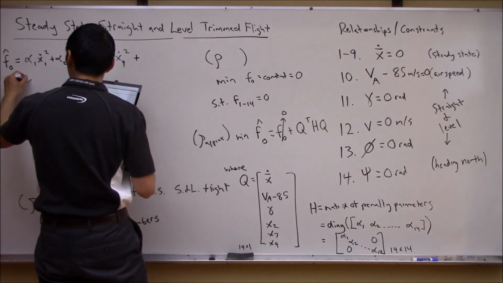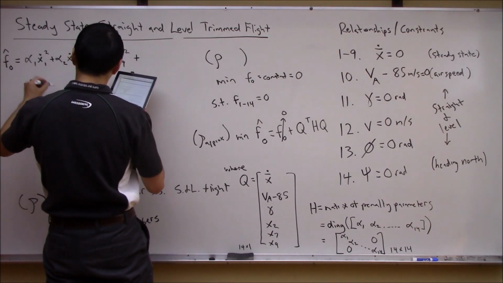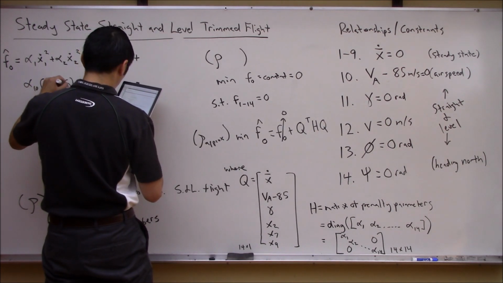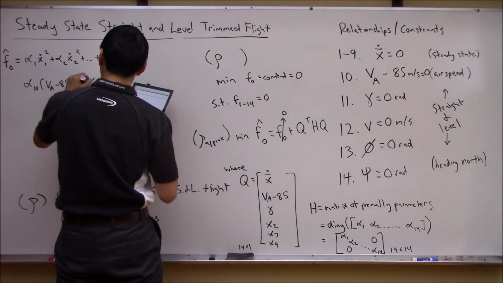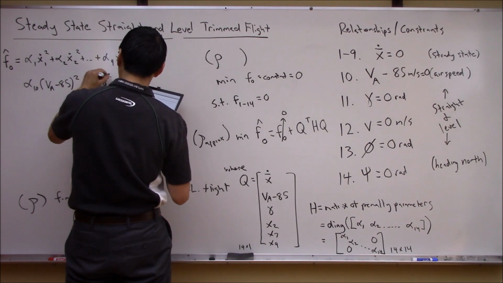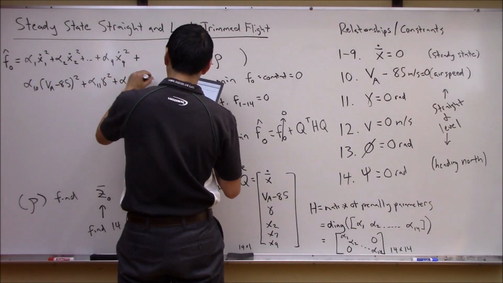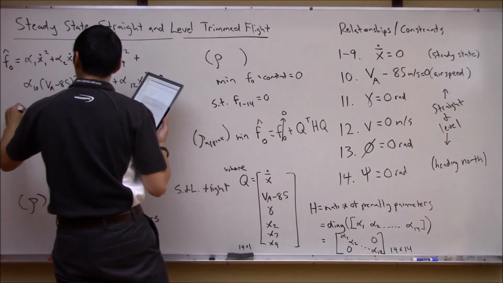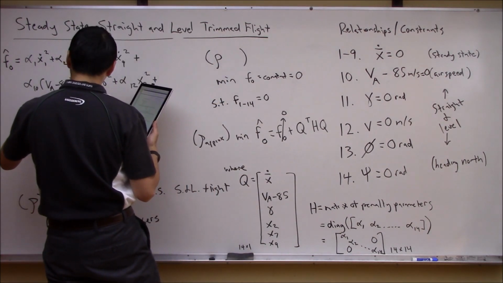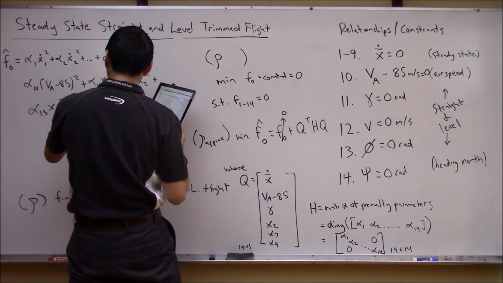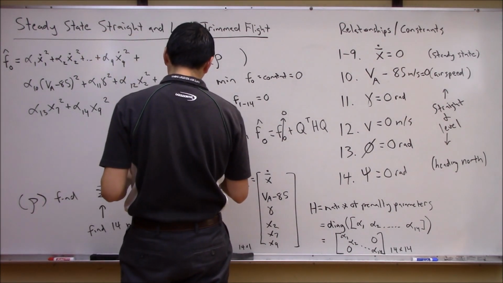We're going to get alpha 10 times VA minus 85 squared plus alpha 11 gamma squared plus alpha 12 x2 squared plus alpha 13 x7 squared plus alpha 14 x9 squared. Yikes, there we go, okay?